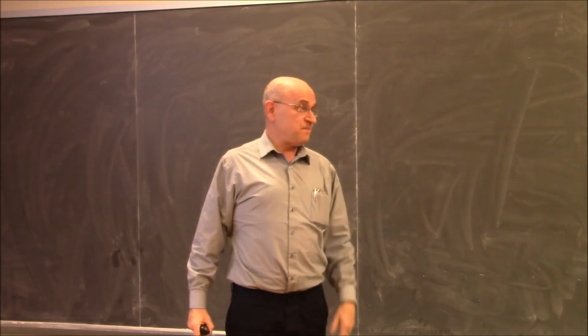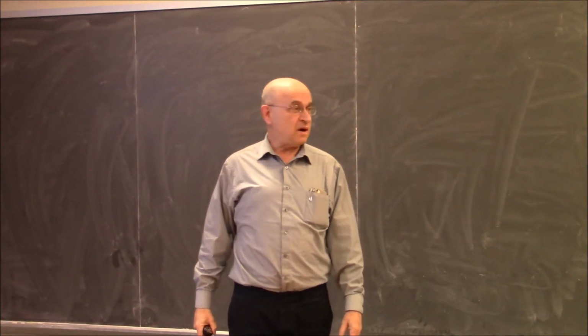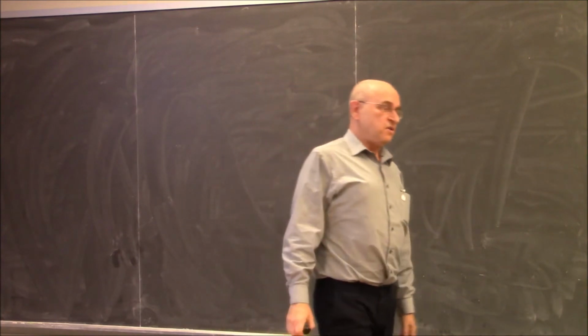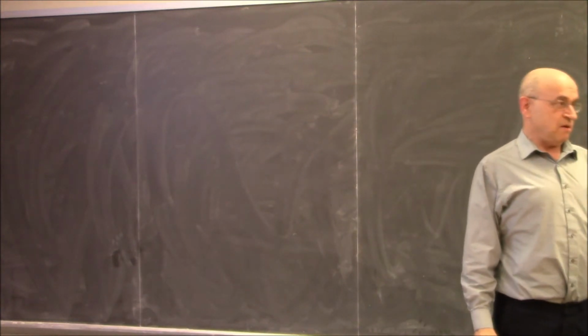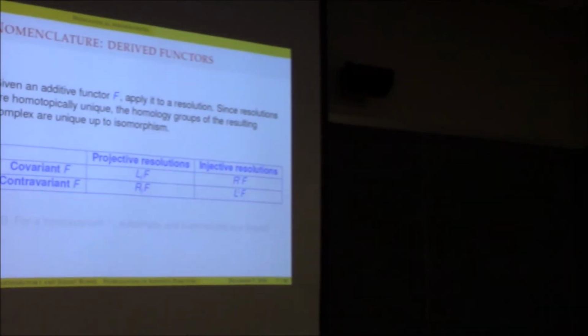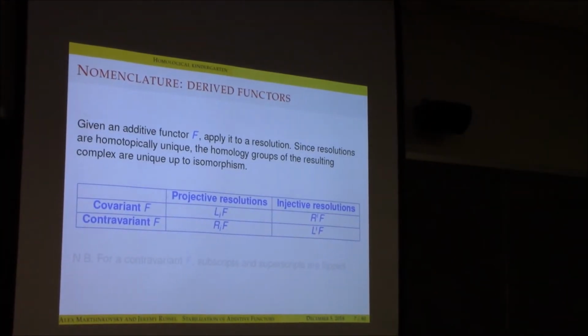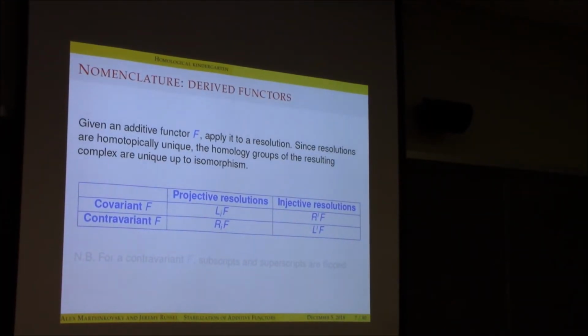For a contravariant functor, the letters L and R are interchanged because you decide whether it's left or right after you have applied the functor. Normally, left derived functors have subscripts and right derived functors have superscripts. But we deviate from the traditional notation. In the contravariant case, we flip the position. So if you see an unidentified subscript or superscript, don't panic. It's just an indication that the functor is contravariant.